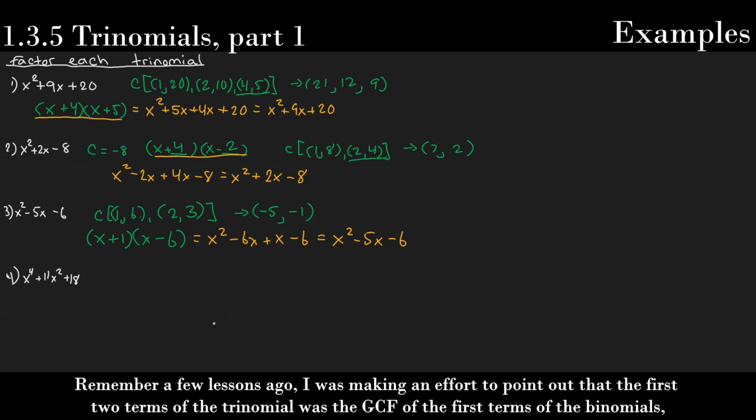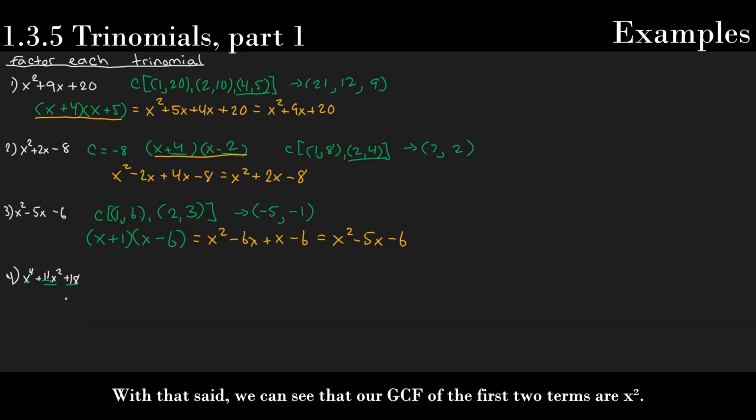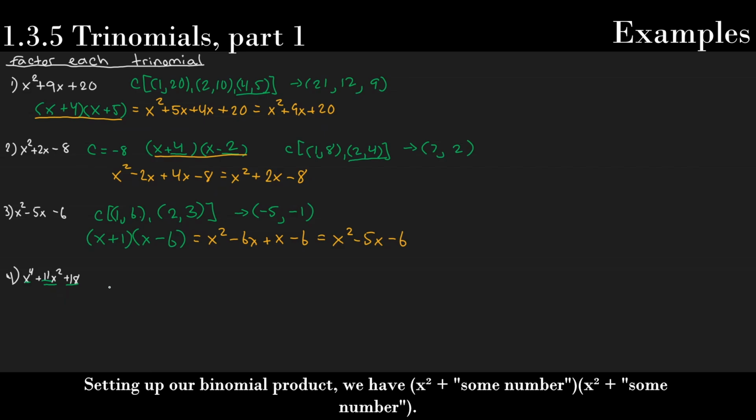Remember a few lessons ago, I was making an effort to point out that the first two terms of the trinomial was the GCF of the first terms of the binomial, and the last two terms of the trinomial was the GCF of the second terms of the binomials. With that said, we can see that our GCF of the first two terms are x squared. Setting up our binomial product, we have x squared plus some number times x squared plus some number.